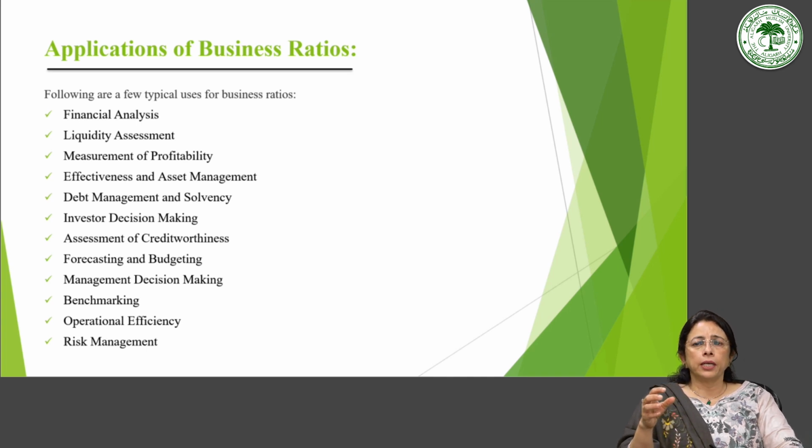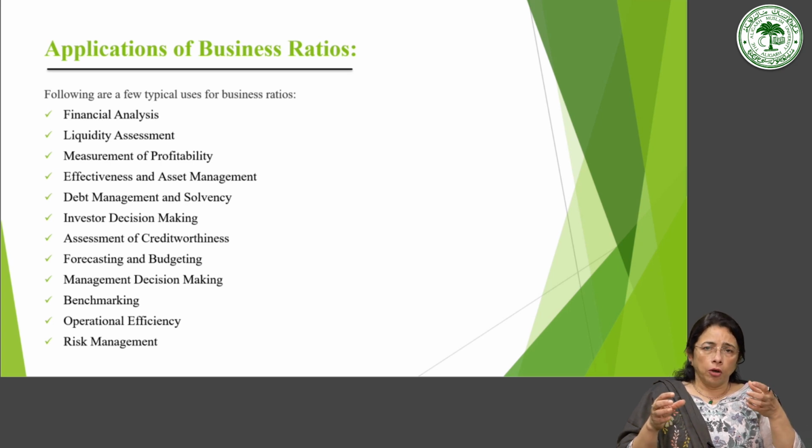Next is investors' decision making. That is, ratios are used by investors to help them make wise investing selections. Because financial ratios give you an overview of the business's financial situation, and once you know the financial situation, you can evaluate the performance in comparison to competitors or industry averages.